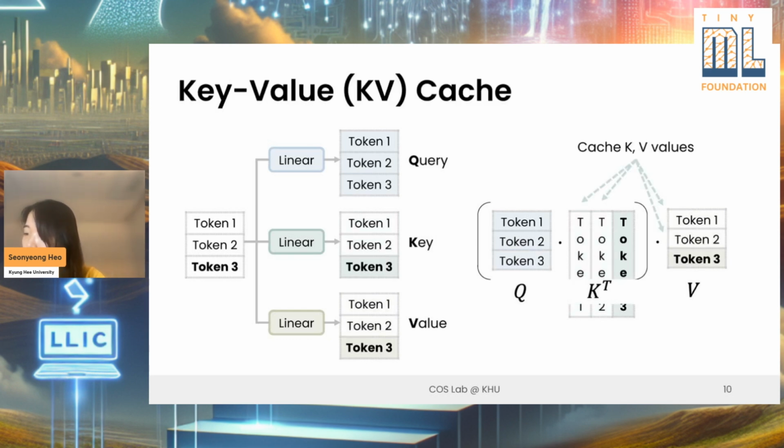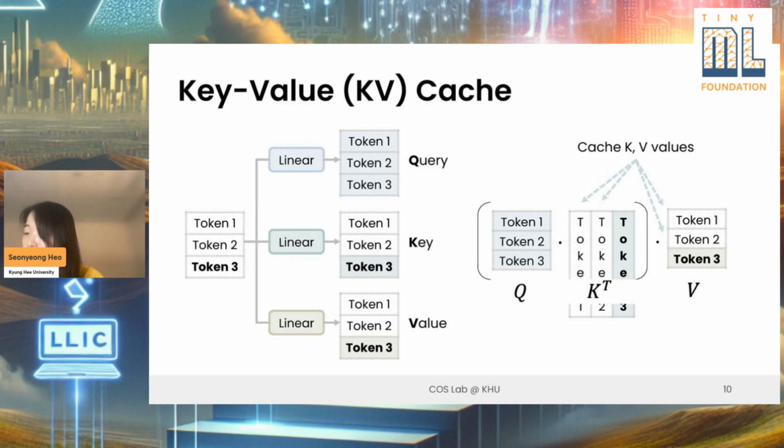Here the key value cache is introduced to reduce the overhead of obtaining the key and value arrays. As explained earlier, the new token is appended to the input every forward step. Therefore, we don't have to calculate the K and V values for the previous tokens.